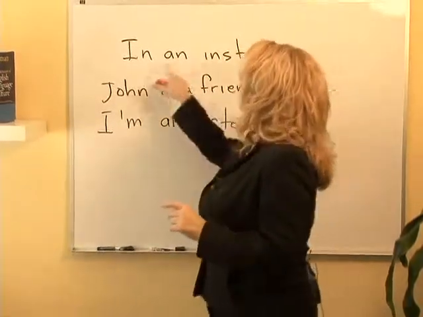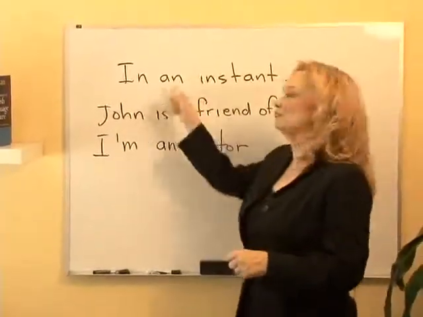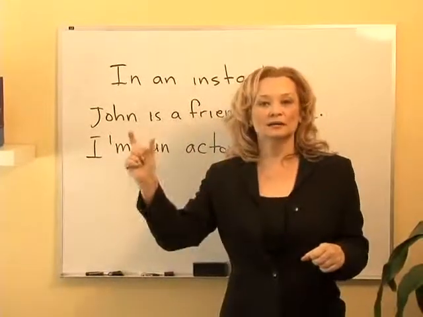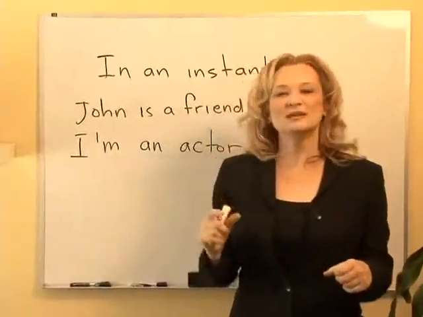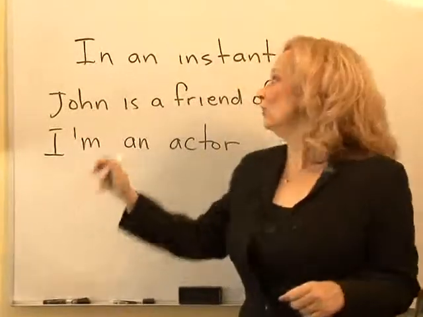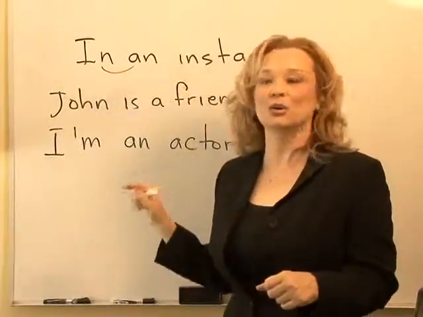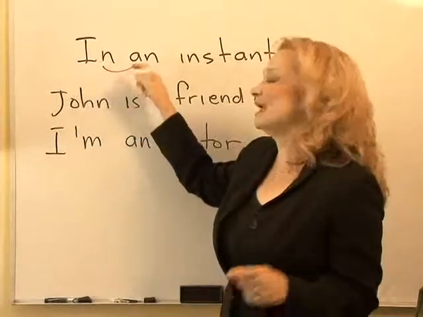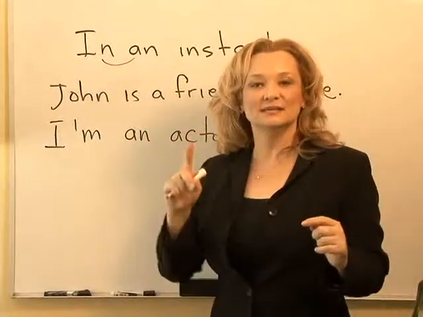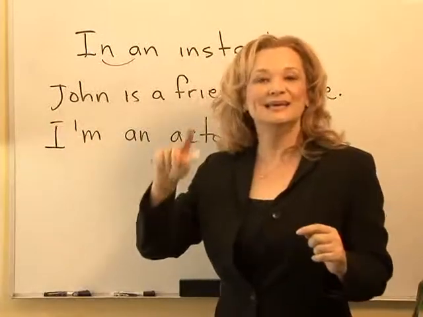Here we have 3 sentences. Look at the first sentence, in an instant. We wouldn't say in an instant. We would connect the final consonant to the next vowel. So this N and this A would be said together. Listen, inan, inan.